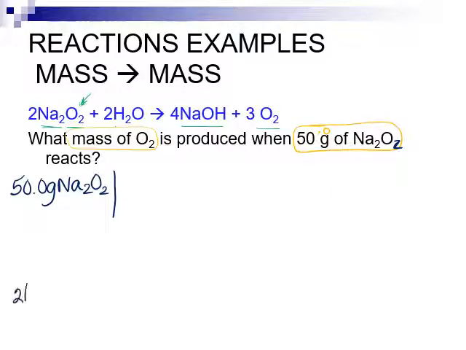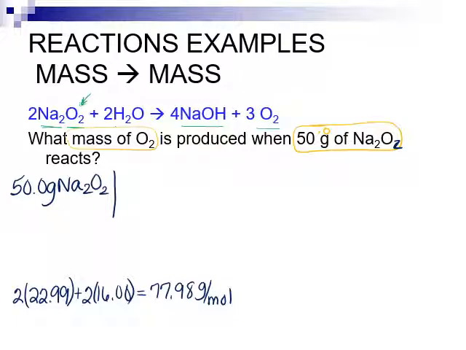So let's see, 2 times 22.99, that's the sodium, plus 2 times 16.00, you don't have to write the 0.00. Let's add those up. That all adds up to 77.98 grams per mole. That's the molar mass of sodium peroxide.